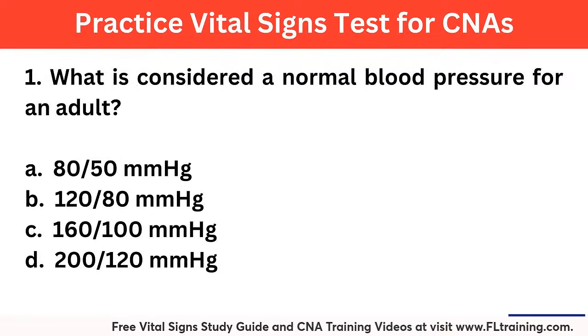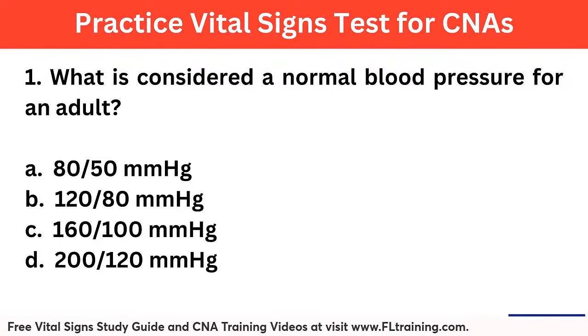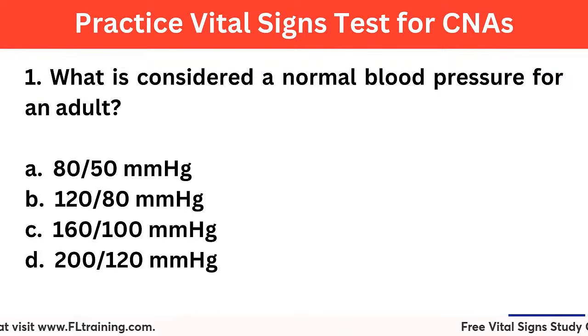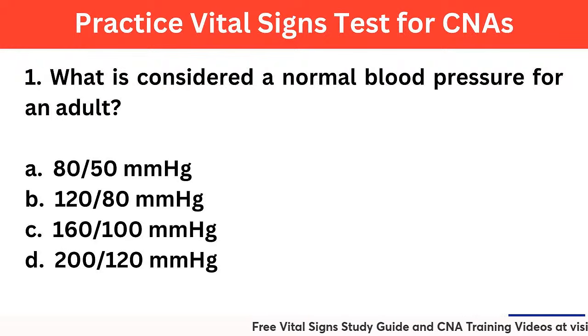All right, so team number one. What is considered a normal blood pressure for an adult? Is it 80 over 50, 120 over 80, 160 over 100, or 200 over 120?